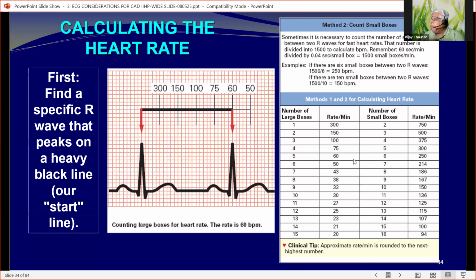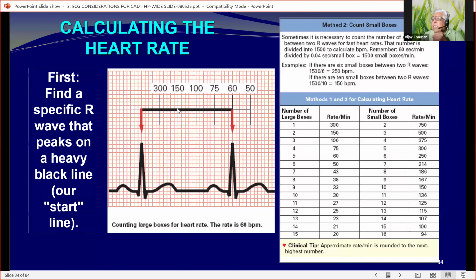अगर यहां पर देखिए हम, अगर हमारे पास 5 नंबर ऑफ बिग बॉक्सेस, यहां पर जो 5 है, 5 नंबर ऑफ बॉक्सेस फॉर वन कार्डियक साइकिल. सो इफ वी आर गोइंग टू डिवाइड 300, we'll get 60. Yes. If we have 4 big squares, if R wave could have been here, so by 4 we have 75 beats per minute.